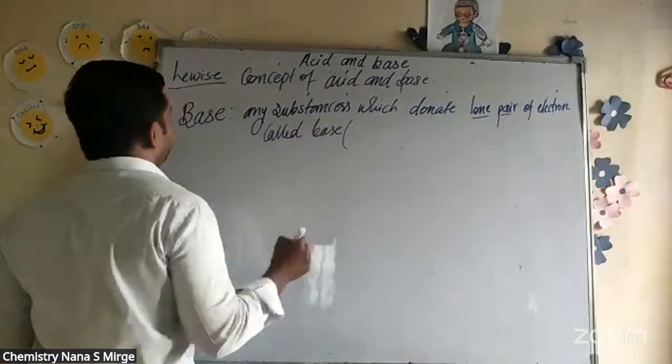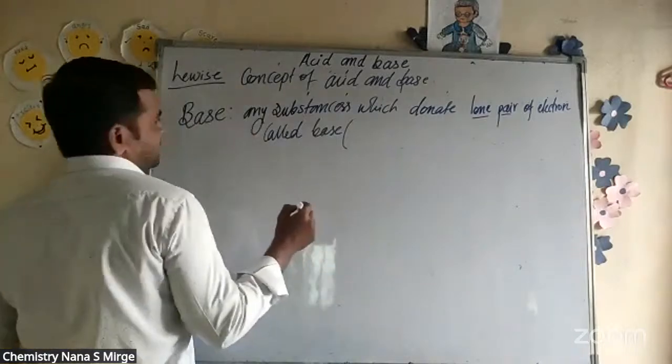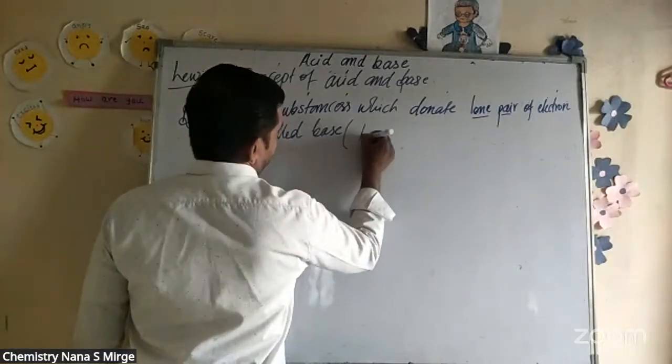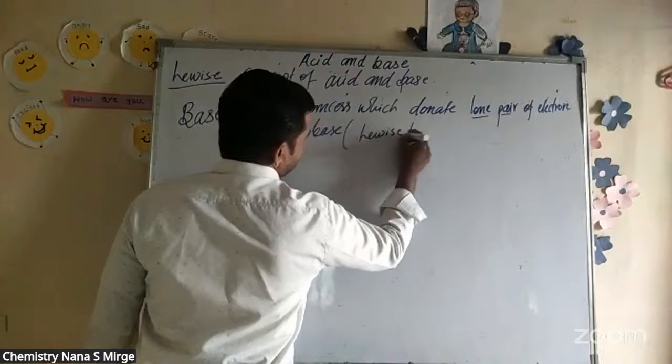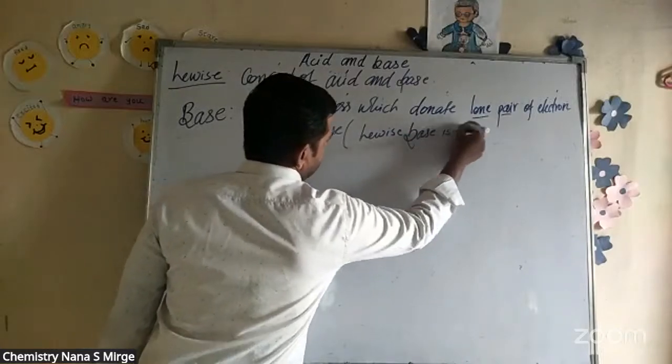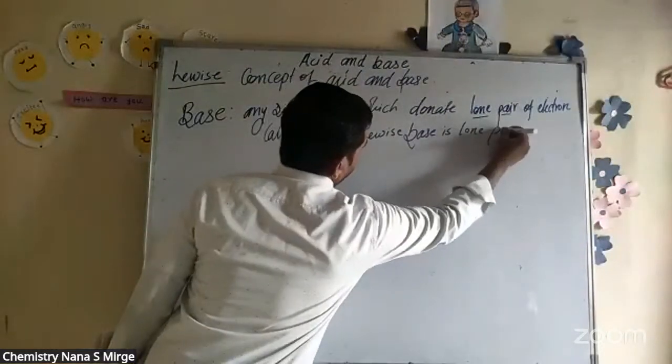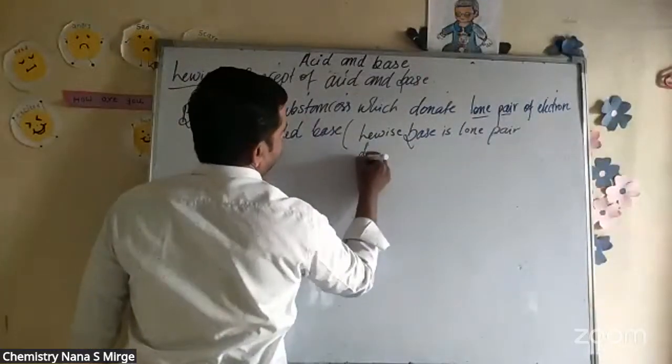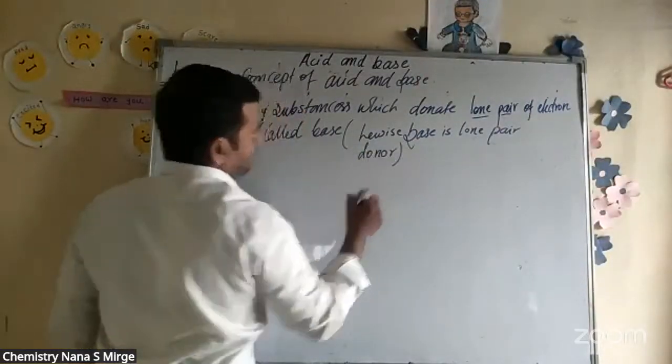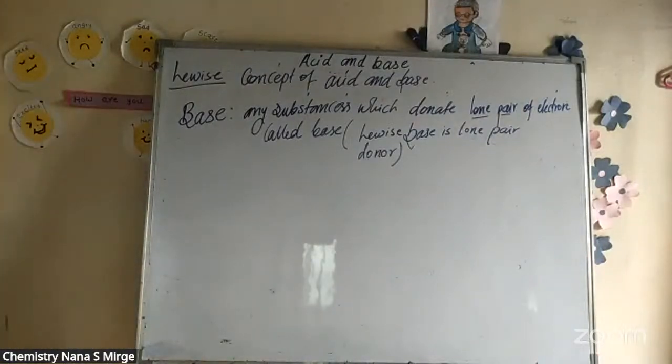Or you can say a Lewis base is a lone pair donor. Lewis base is a lone pair donor.